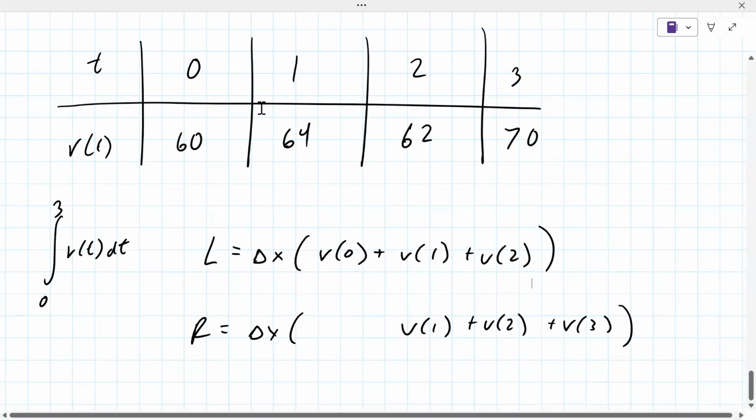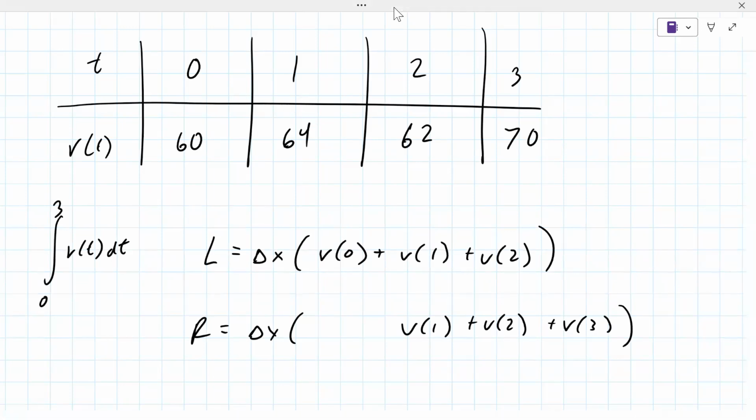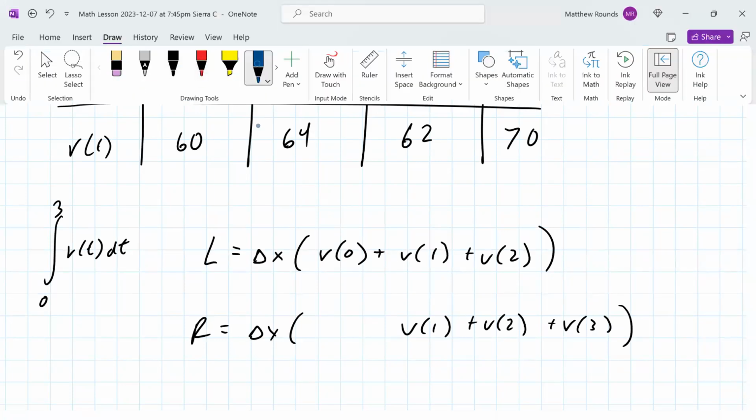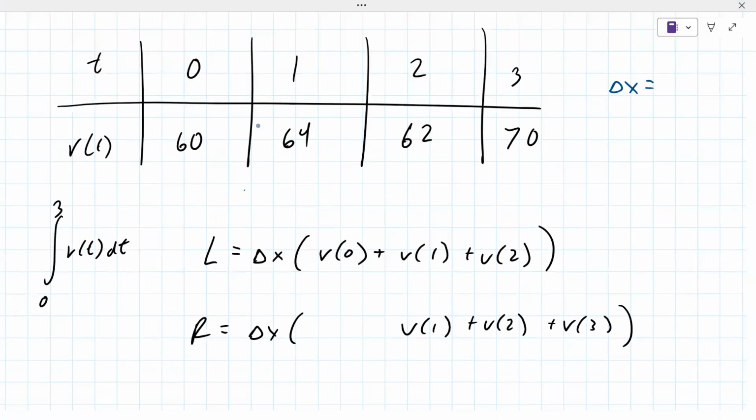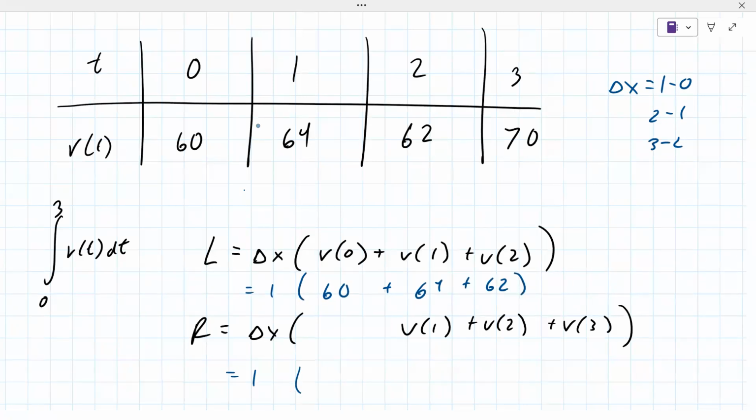When plugging in, you have to compute some of this, but delta x is 1 minus 0 or 2 minus 1 or 3 minus 2, which is all 1. And then it's 60 plus 64 plus 62, and the right is 64 plus 62 plus 70.